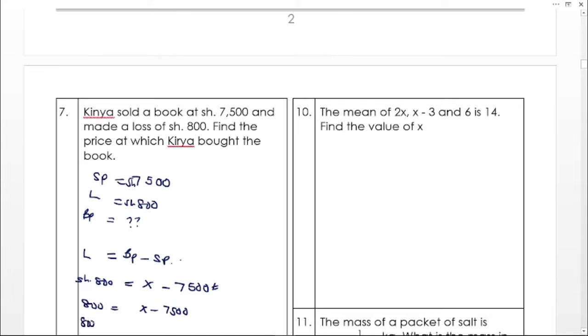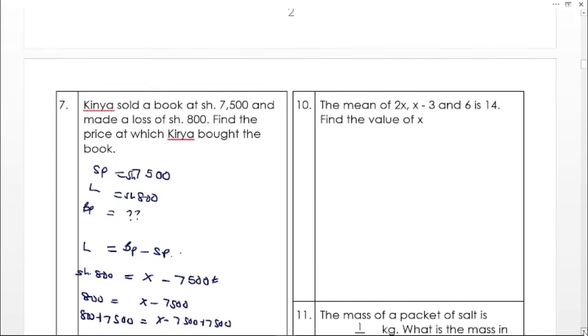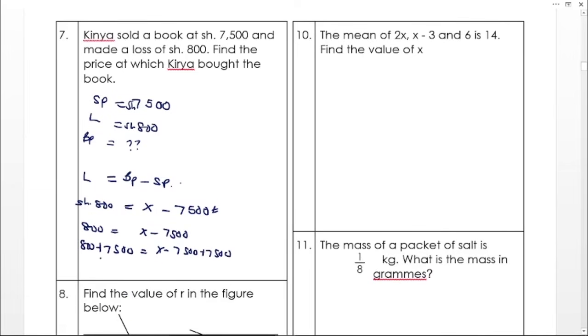So 800 plus 7500 is equal to X minus 7500 plus 7500. Okay, so from there, what are we having now? This is X, because negative 7500 plus this one, automatically this one is giving us a 0. So X plus 0 is equal to, now we are going to add this. Now 75 add on 0 0 add on 0 0 8.